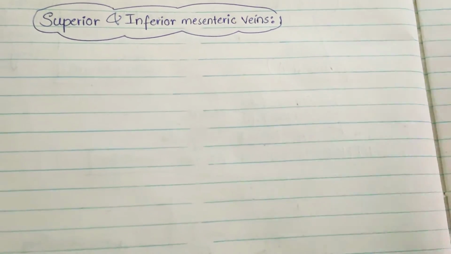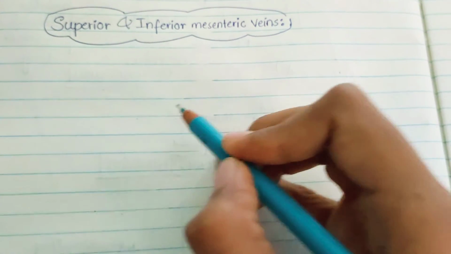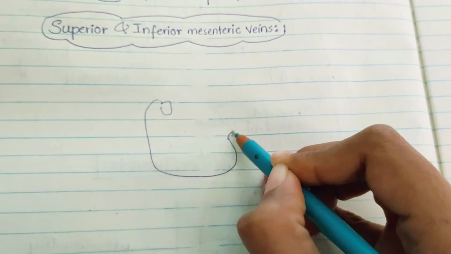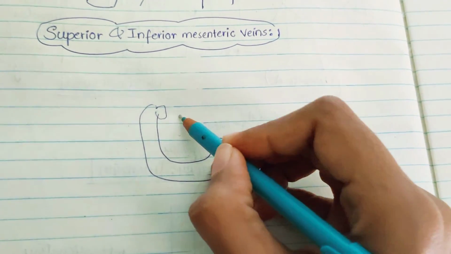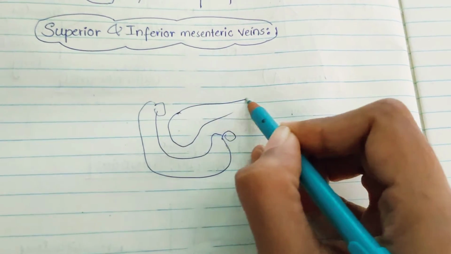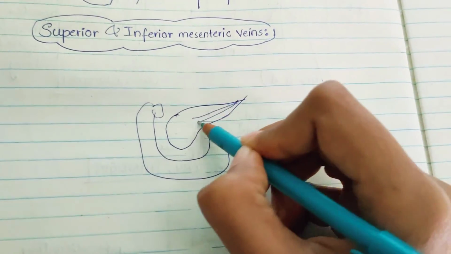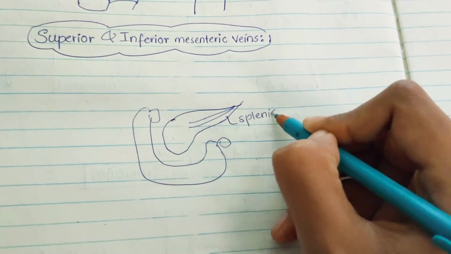In this video we are going to discuss the superior and inferior mesenteric veins. For that we need to draw the structure, that is the duodenum. Here you have your pancreas, right? And from the pancreas you get one vein called the splenic vein.